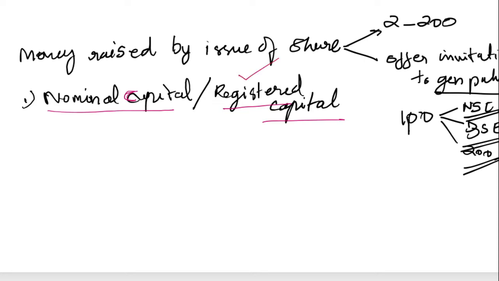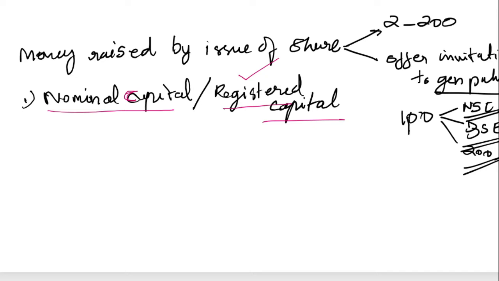Not all companies will mention all these things in the memorandum of association. If a company is mentioning that we have only a provision of 500 shares, and the par value of each share is 500 rupees, then that company can only sell or offer invitation for 500 shares. Beyond that, they are not supposed to do.